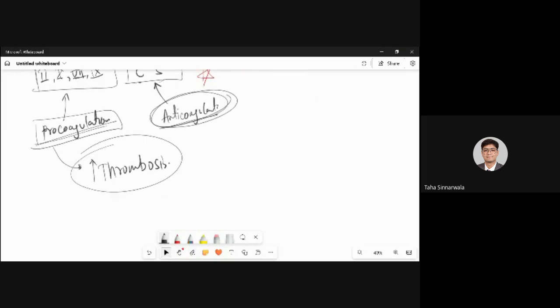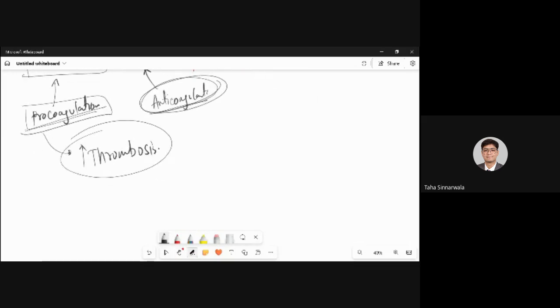Now let's think about the exact name of this condition. We'll have warfarin-induced hypercoagulation. So you gave the patient warfarin and it caused hypercoagulation. Yeah, warfarin-induced skin necrosis, sorry.